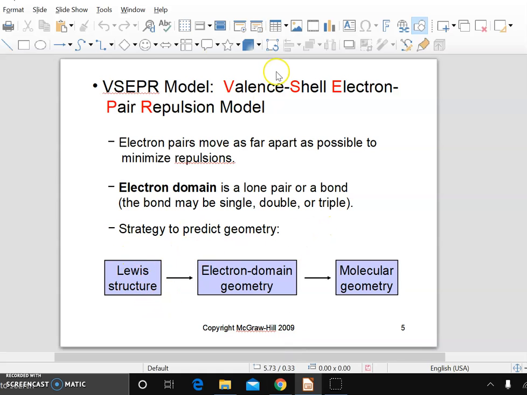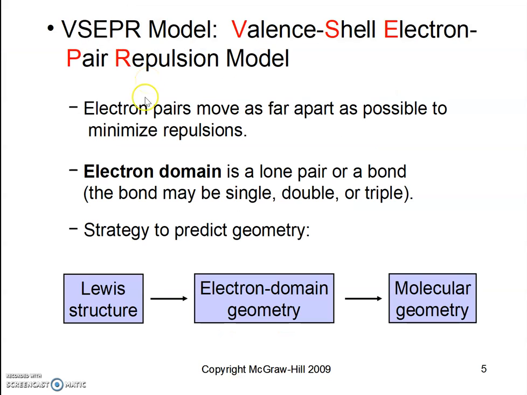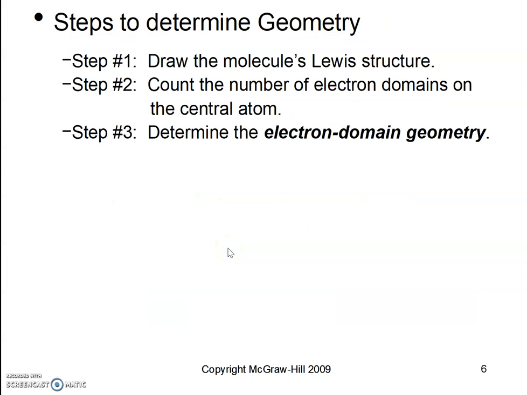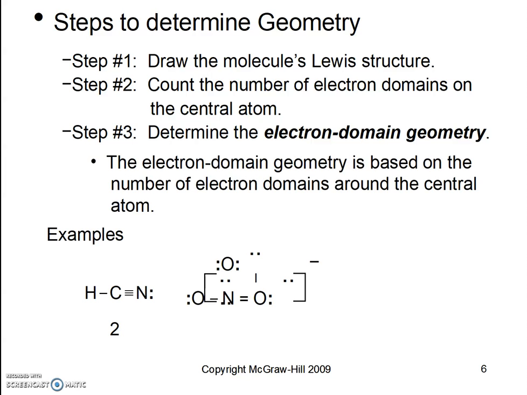So from the Lewis structure, you can do your electron domain geometry and your molecular geometry. There's a little bit of a difference, which we'll talk about. So, step number 1, draw your Lewis structure. If I give you a molecule, you can draw your Lewis structure.